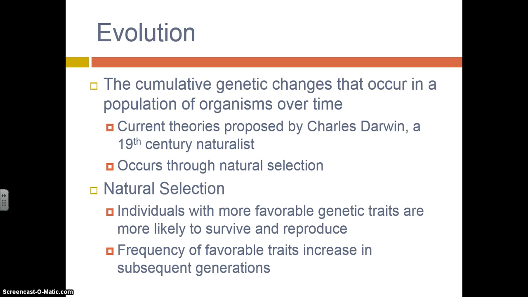And so that's a lot of what is studied these days to understand the mechanism behind evolution. However, our understanding of evolutionary history of organisms throughout time is based upon the fossil record.